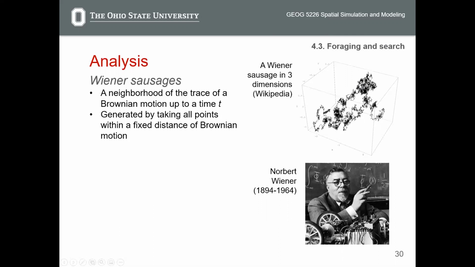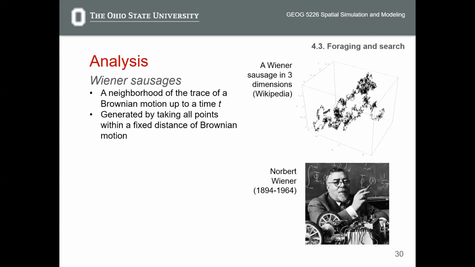Which means if you project these trajectories to this surface, you will have a 2D sausage with a specific radius, and the central line of this sausage can be considered as a trajectory of Brownian motion, because actually the sausage is formed by all those particles doing Brownian motion in this 3D space.